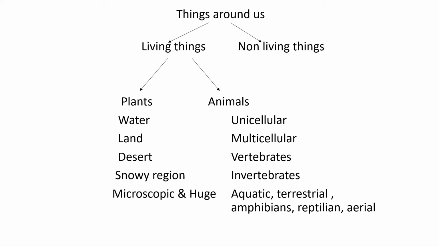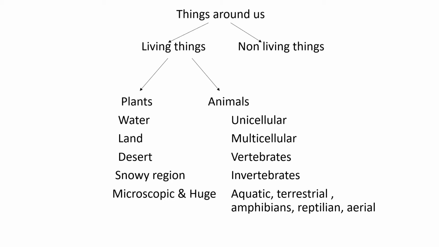Some plants live in water, some on the land, some are able to survive in extreme hot weather, some we can see only in the snowy regions, and some are very microscopic, some are very big. Even among animals, there is a great variety. For example, unicellular and multicellular animals.